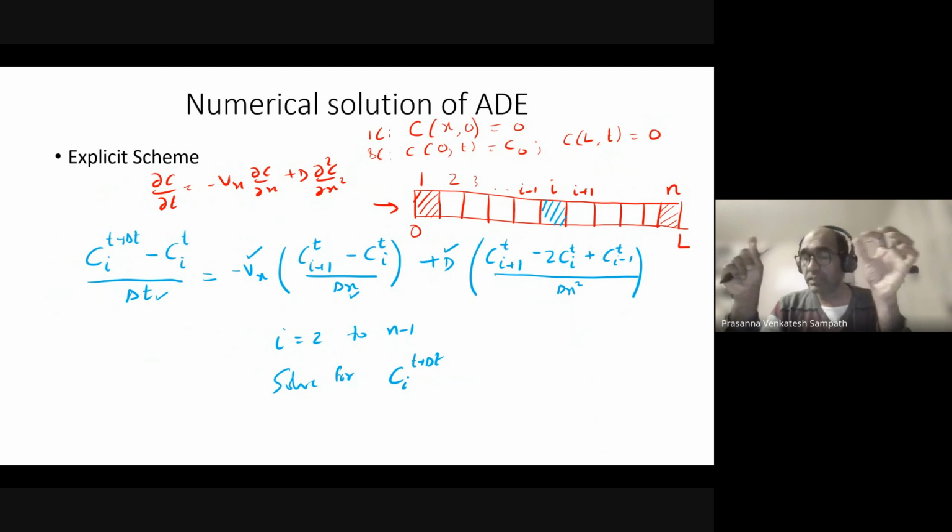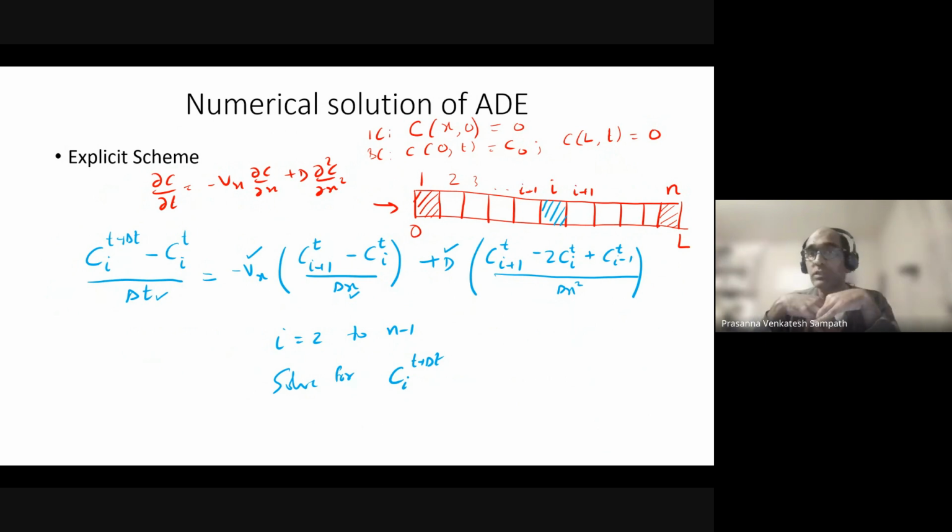Out of these n cells, we already know the answers in cell number 1 and cell number n. So the unknown, the concentration at every time step, is not known at cell number 2 to cell number n minus 1.